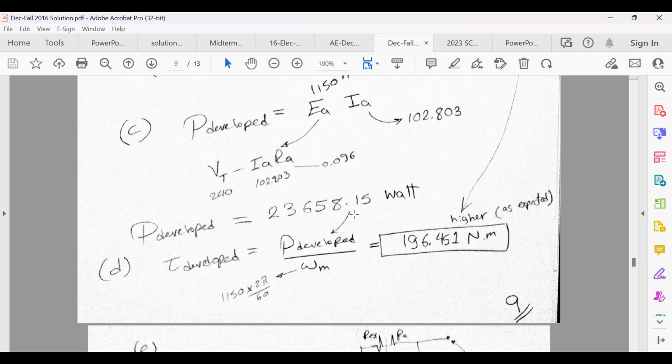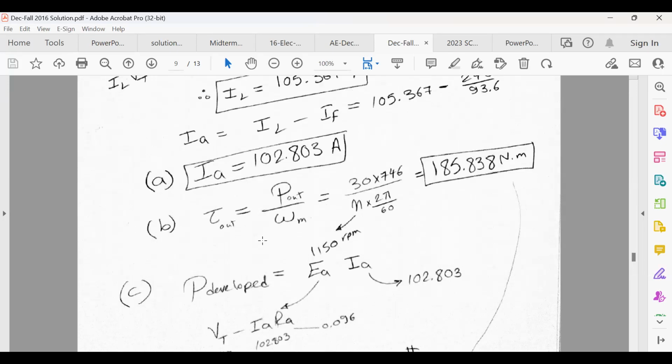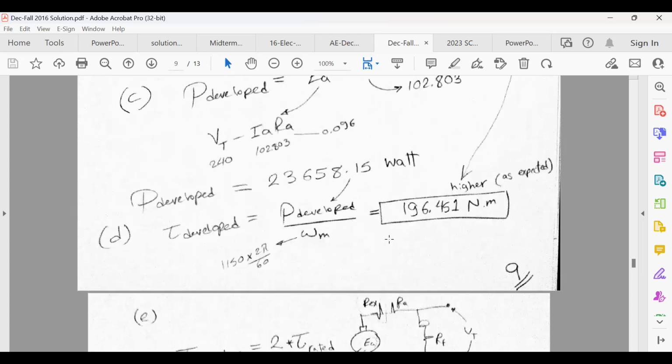Then from the developed power, you can calculate the developed torque. Look at this note, I said it's higher. Higher than what? Higher than the output. The output is here. You have some losses in between.